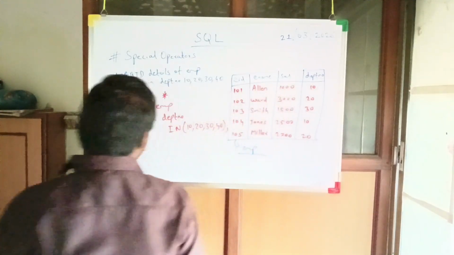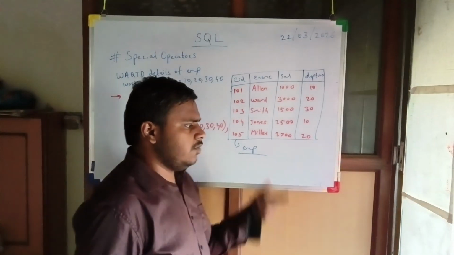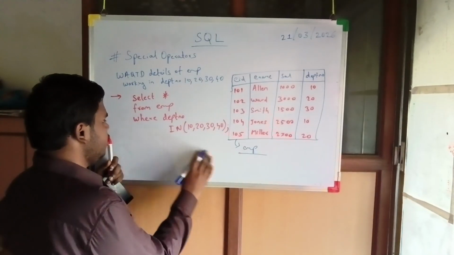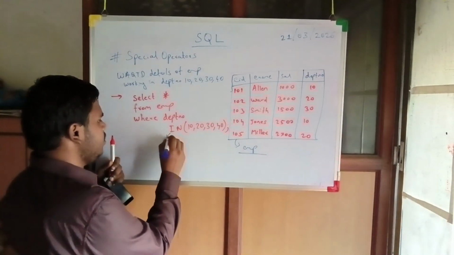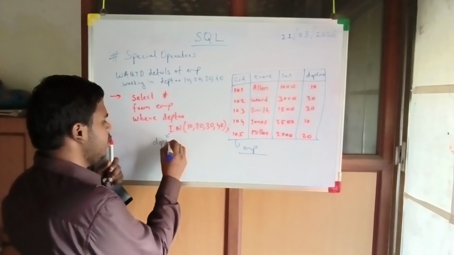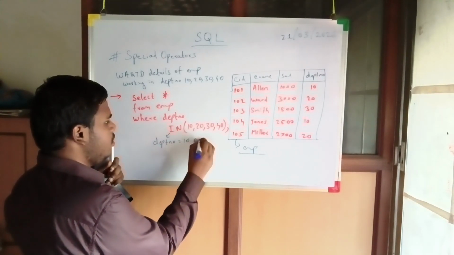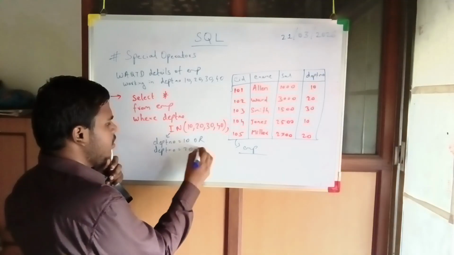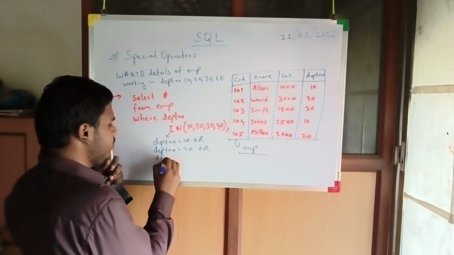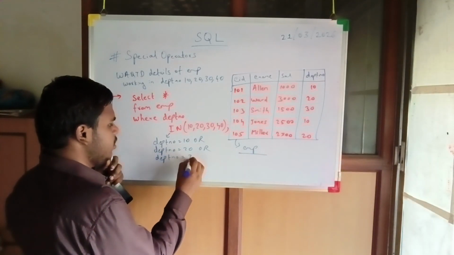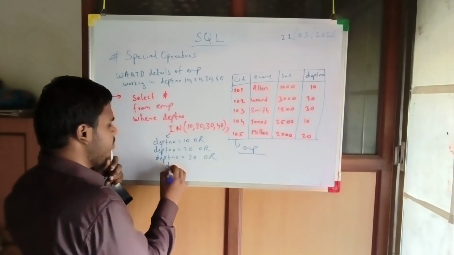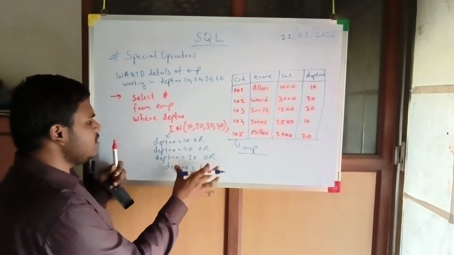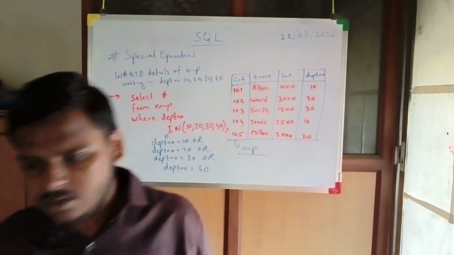But sir, how is it working? Even if a single value matches, it will be selected. Internally, it works like an OR operator: department number equal to 10 or department number equal to 20 or department number equal to 30 or department number equal to 40. This is how the compiler works internally.